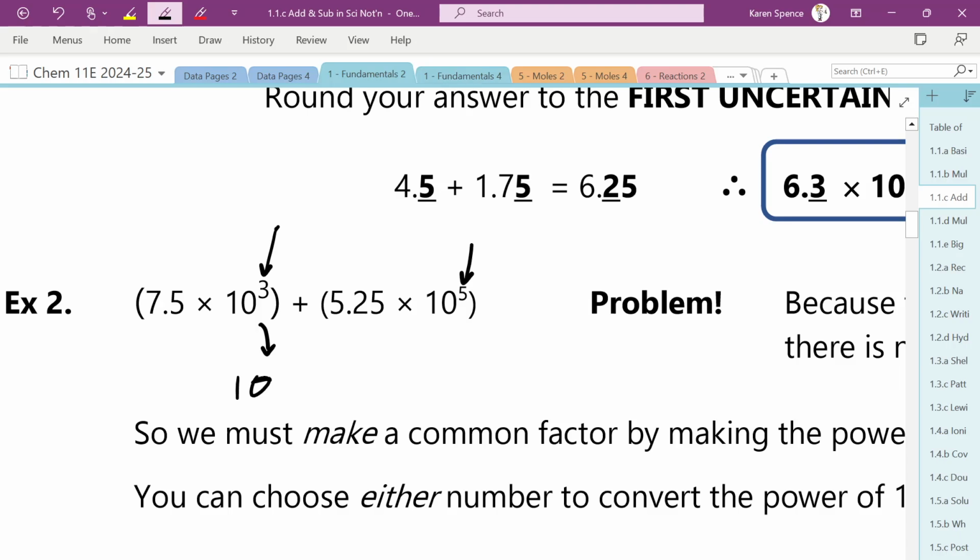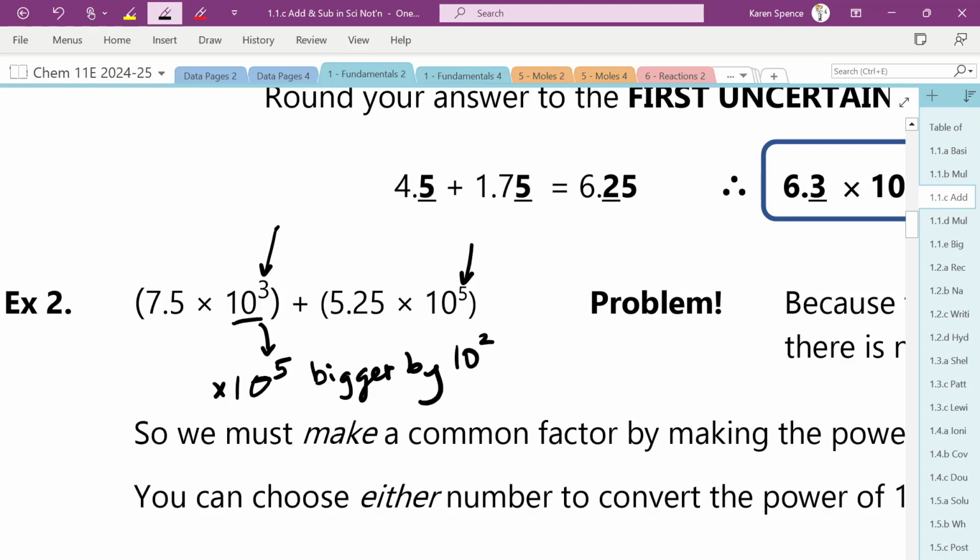So here we are. Okay, so we have 10 to the 3 is now going to become 10 to the 5. And did that power of 10 become bigger or smaller? It became bigger, and it became bigger by how many powers of 10? 10 to the 2.